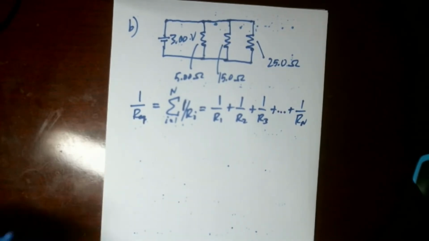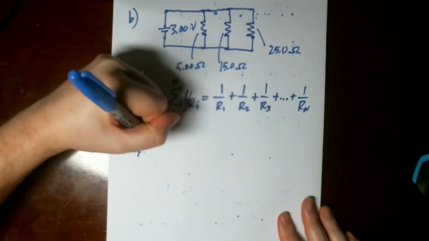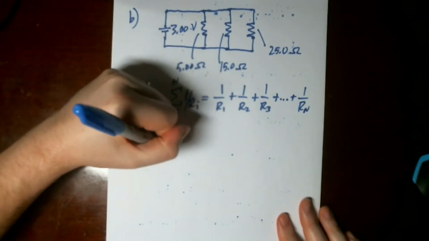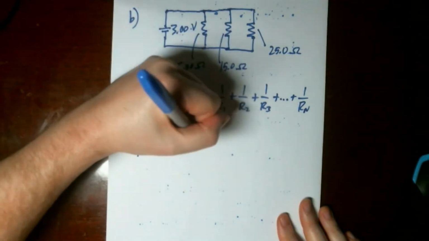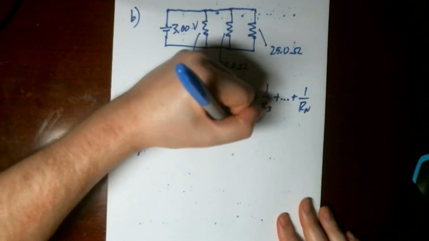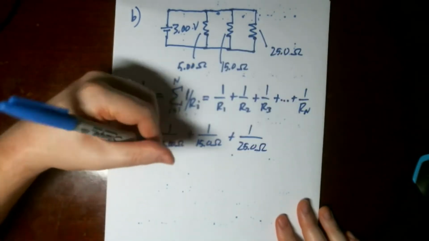So for this problem, our inverse equivalent resistance is going to be 1 over 5 ohms plus 1 over 15 ohms plus 1 over 25 ohms.